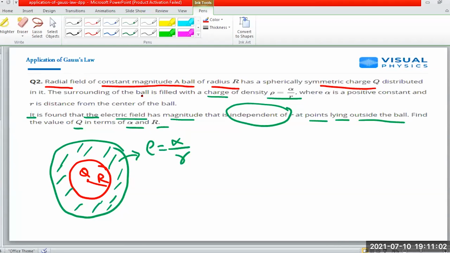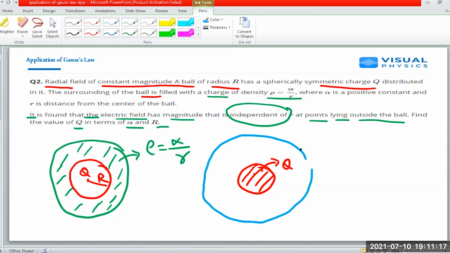The surrounding of the ball is filled with charge density. So that is what I said. My initial charge is capital Q, and the medium surrounding it is having different charge whose volume charge density is alpha by r. So my limit will be from capital R to small r.